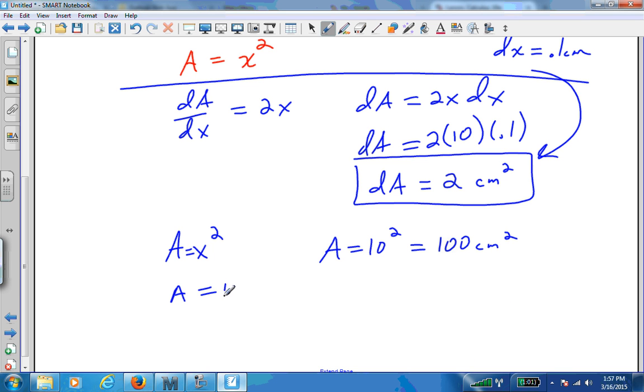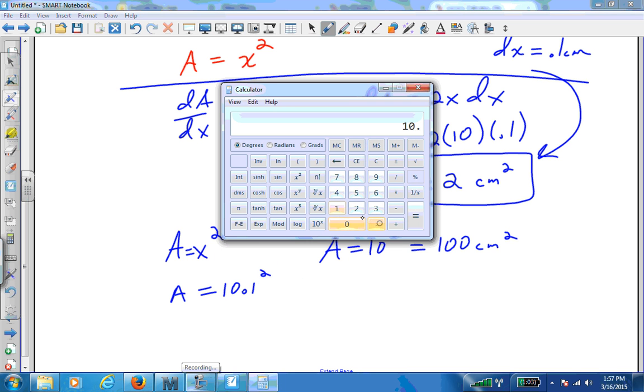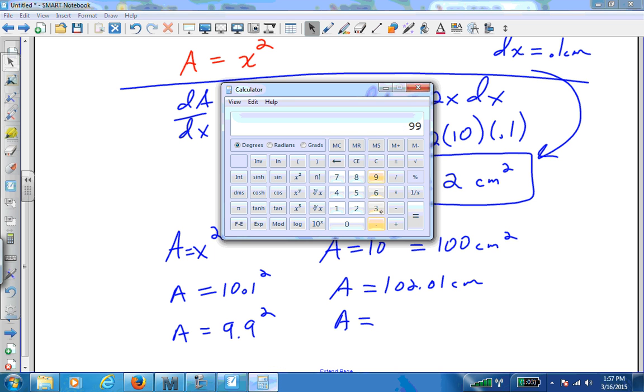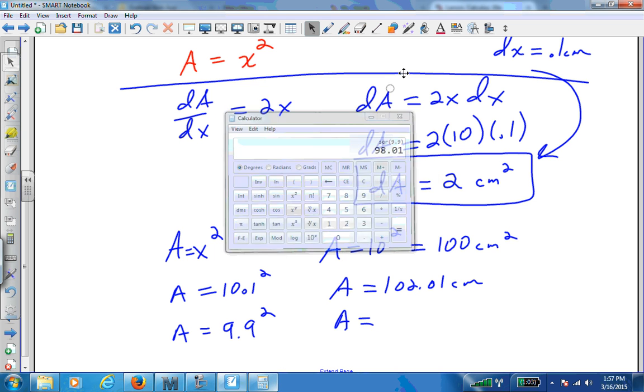But if it's actually 10.1, let's see, 0.1 squared, then 102.01 is the actual area. Or if I'm a 1/10 less than 10, so 9.9, then the area is actually 98.01.